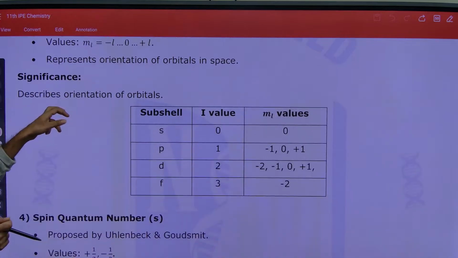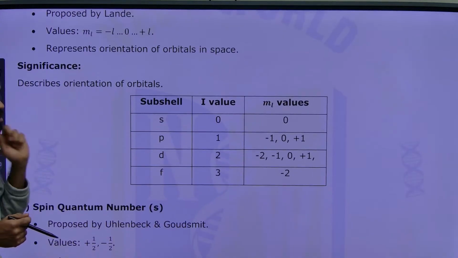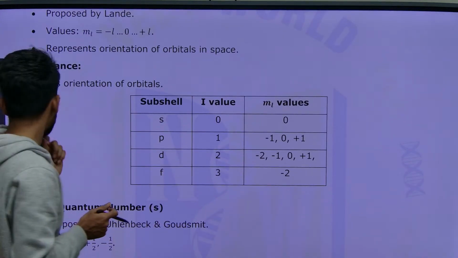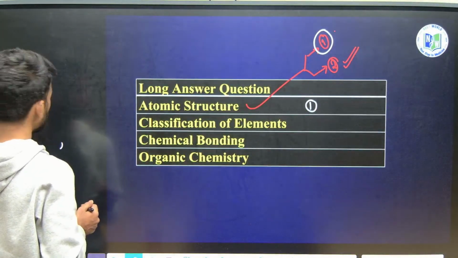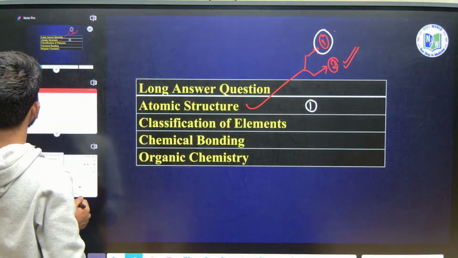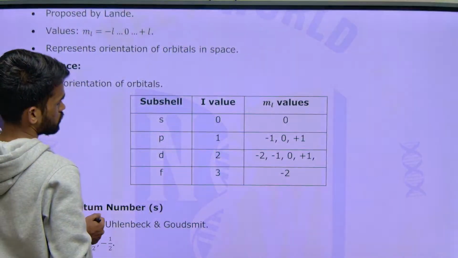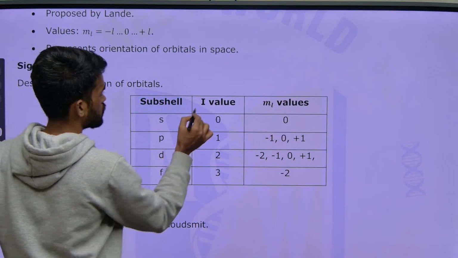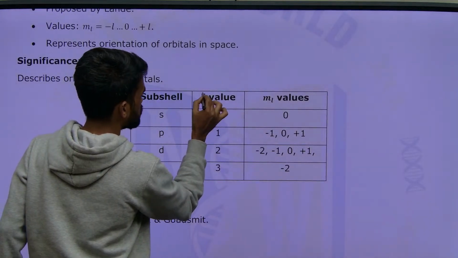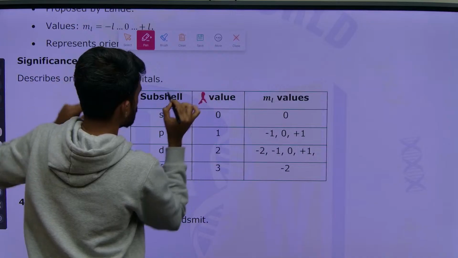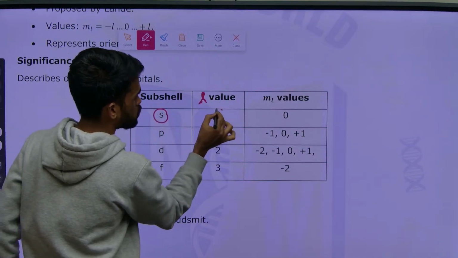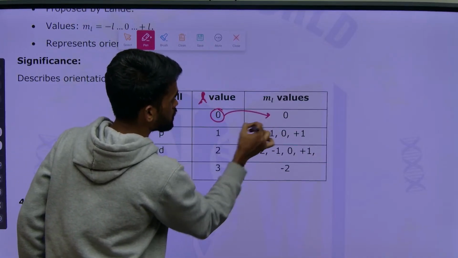So for the S subshell, the ml values possible here are, see this is not I, this is L. Wherever you are seeing I, just convert it into L. So for S subshell we have L equals 0, so ml value is 0.